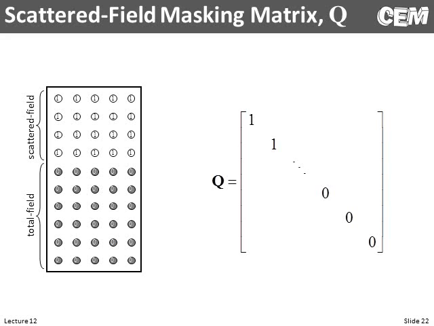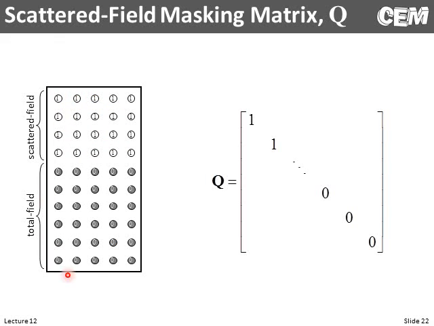The next step is we're going to construct a matrix Q, which we'll call the scattered field masking matrix. And the way this works is we divide our grid up into two regions. We have our scattered field region and our total field region. We are going to fill in the total field region all with zeros. We'll fill in the scattered field region all with ones.